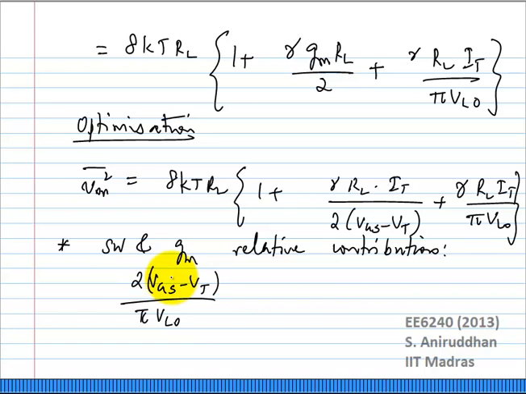So if you try to make these two quantities almost equal, if you make this approximately 1, you will get equal contribution from both the switch and the transconductor. VGS minus VT has a direct bearing on the linearity of the transconductor. So when we say noise optimum, we are saying optimization of noise while keeping linearity in mind.